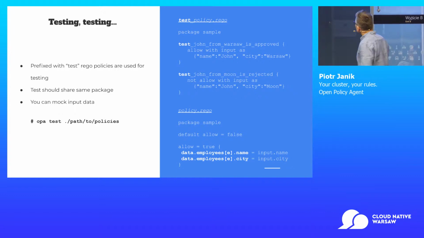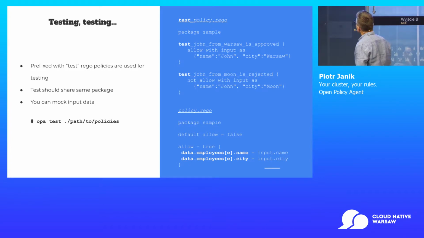On the top, you see that we can test our rule, which is named allow, and we expect in the first test rule allow to be true. In the second one, we expect allow to be false, so not allow.